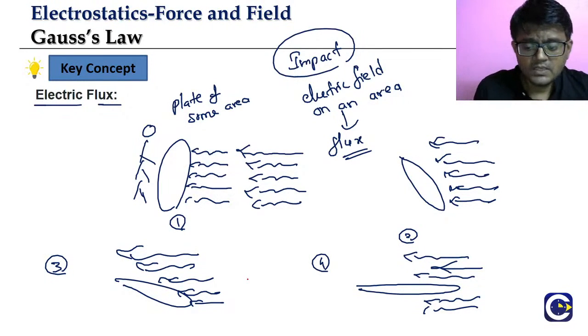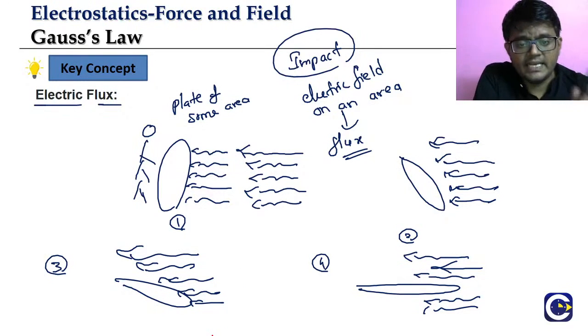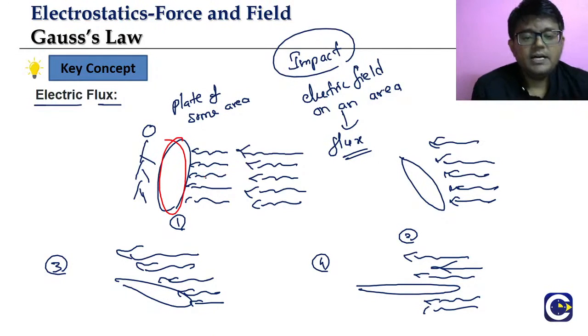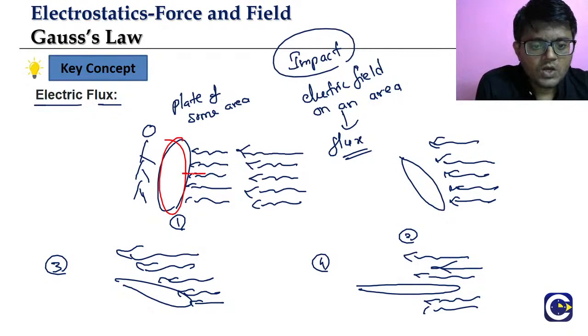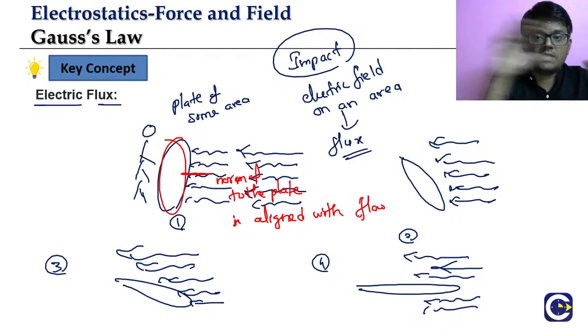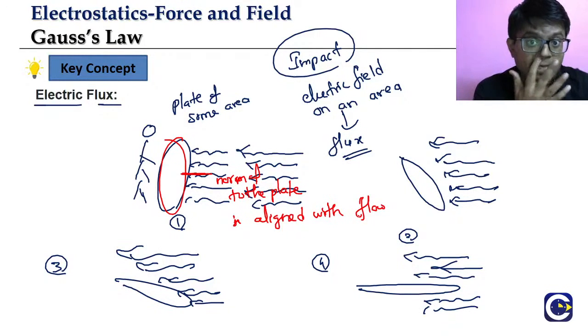So when you are holding that area, look at the normal to the plate. When the flow is exactly coming along the normal to the plate, aligned with the flow, then we will have the maximum impact.